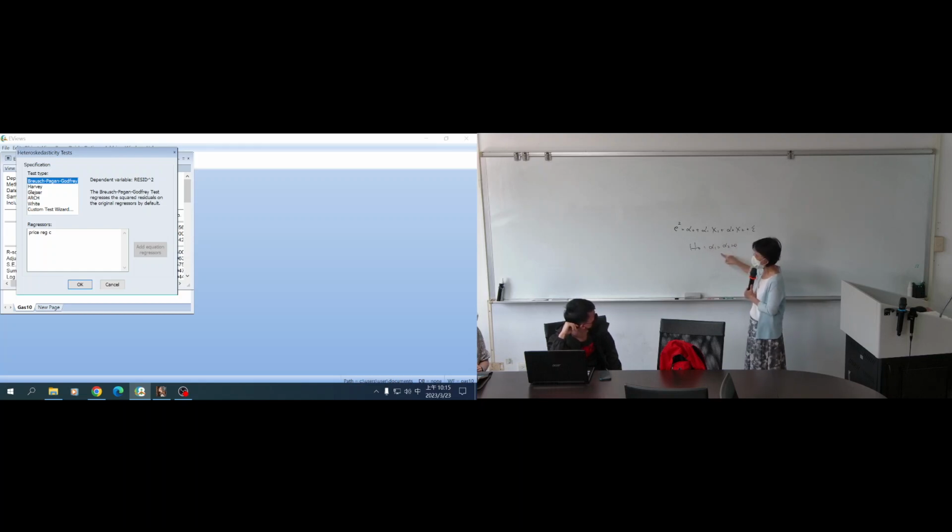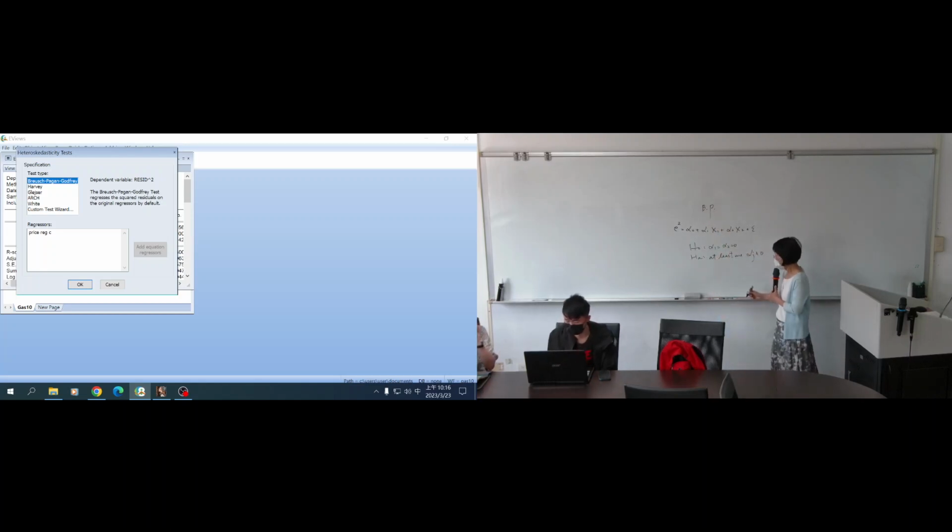So my null hypothesis is that they are 0, and the alternative hypothesis is that at least one alpha j is not equal to 0. As long as one of x1 or x2 is related to the residuals, there is something wrong, so a heteroscedasticity problem exists. This is the idea of the BP test.